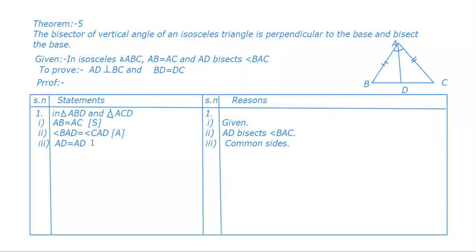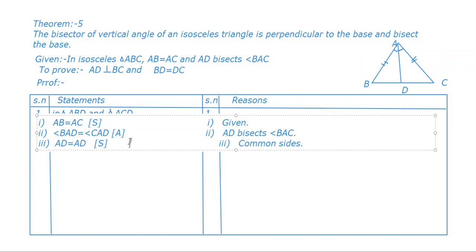So by SAS axiom, they are congruent. You can write triangle ABD is congruent to triangle ACD.